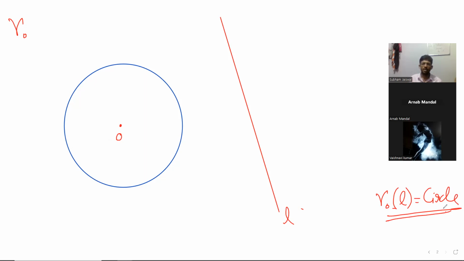How to do this? Any ideas? So let's take some points. If I take a point P, where does it go? It goes inside. Yeah, I also don't remember these proofs.